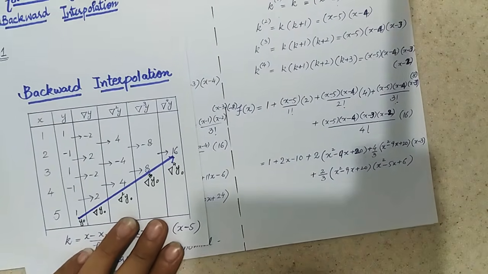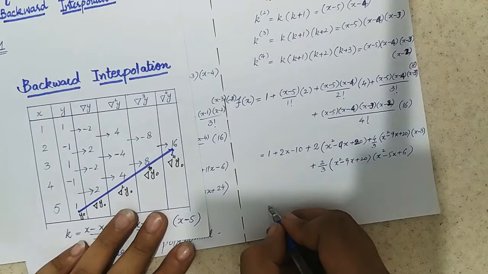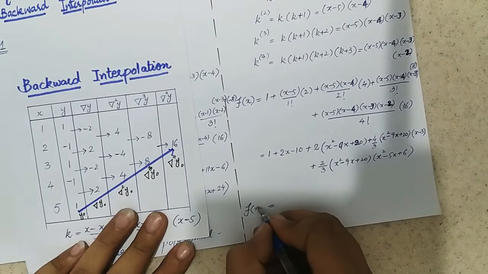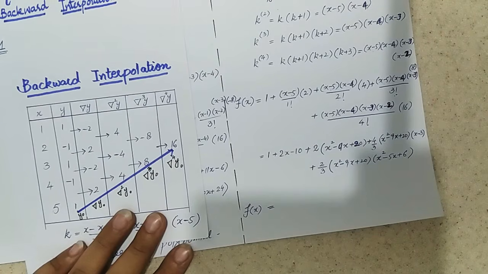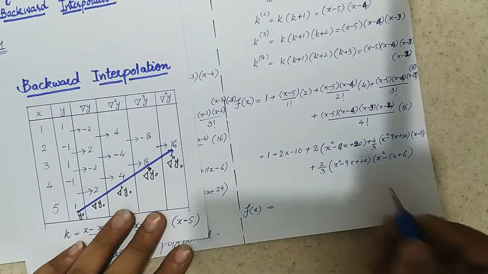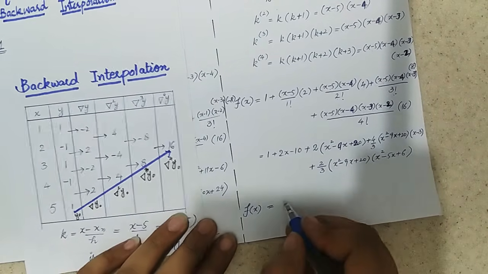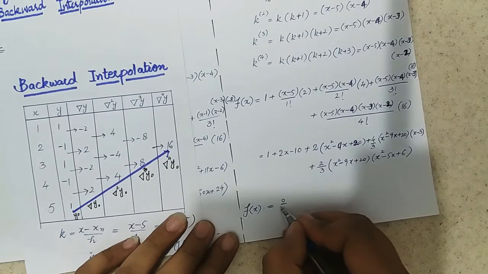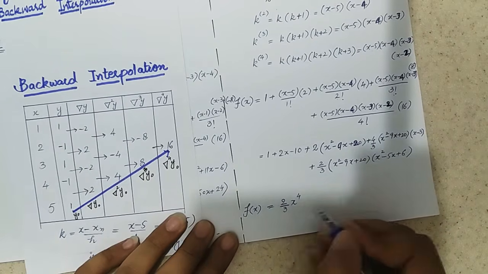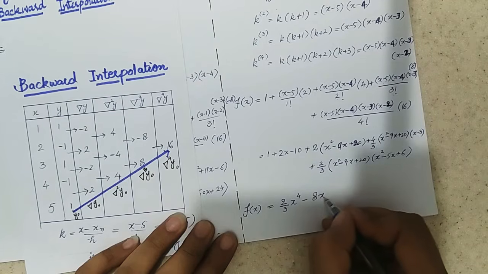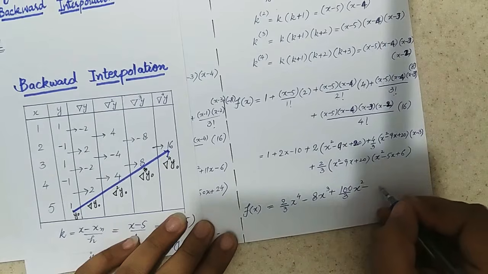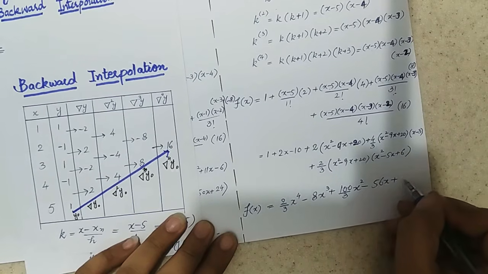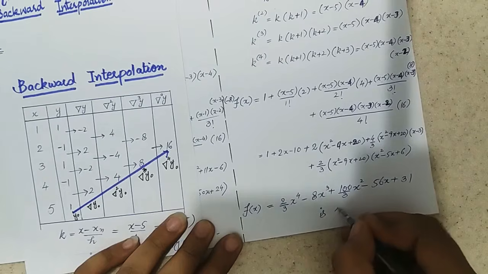Now with simplification we will get here f of x is equal to, by combining terms of x, x square, x cube, we will write here f of x is equal to 2 by 3 x4 minus 8 x cube plus 100 by 3 x square minus 56x plus 31 is required polynomial.